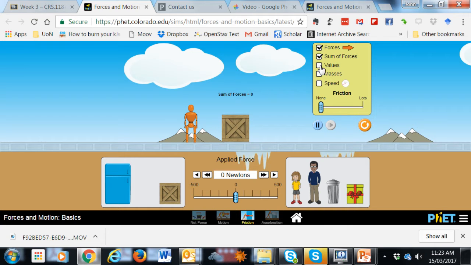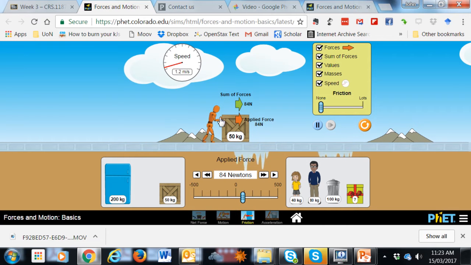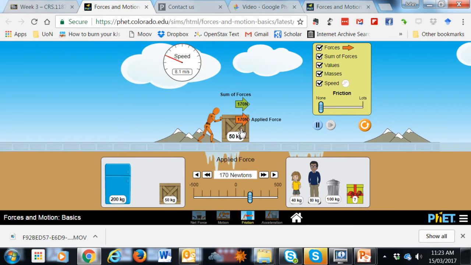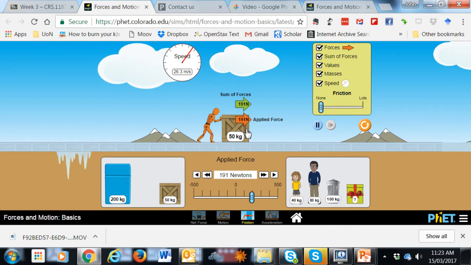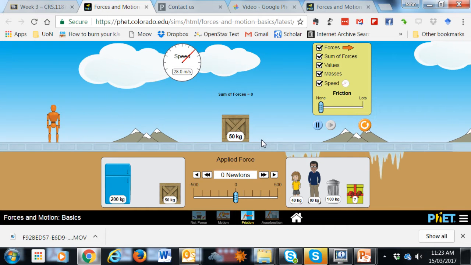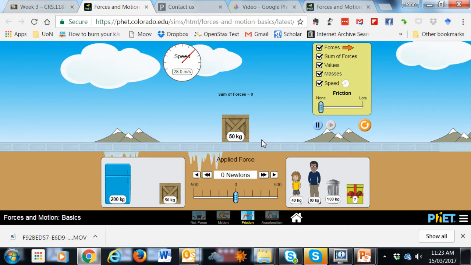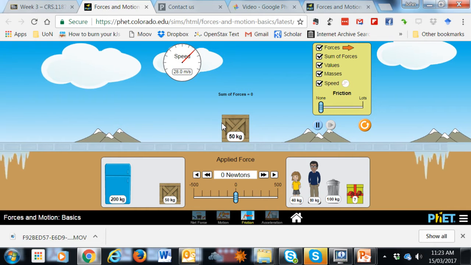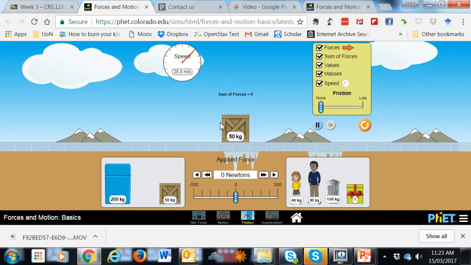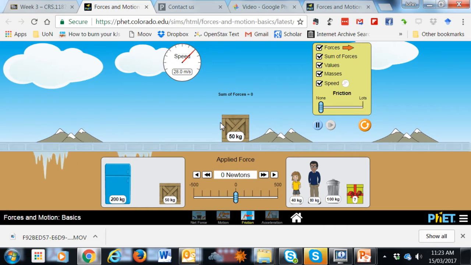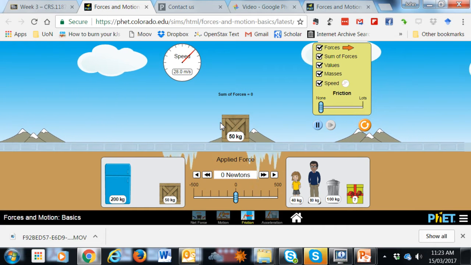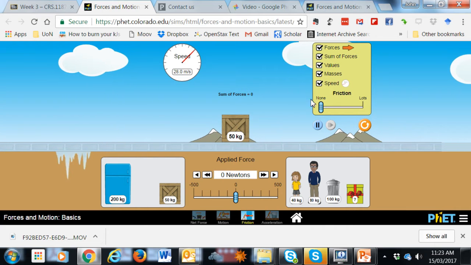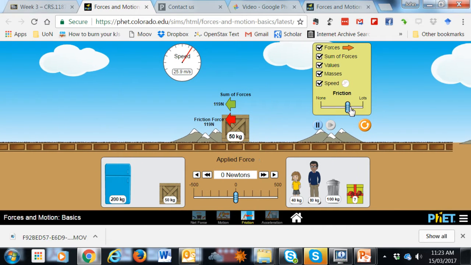If we start pushing, we apply 191 newtons, and we've got 191 newtons on the box, and we take away the force. Newton's first law tells us that in the absence of a force, an object will keep moving at constant velocity, and that's what the box is doing. There's no friction, so the box will keep on going forever unless there's a frictional force.